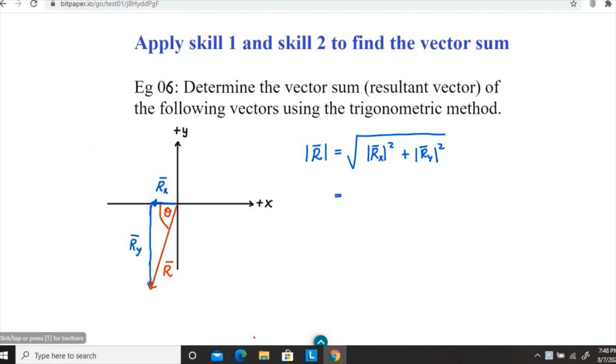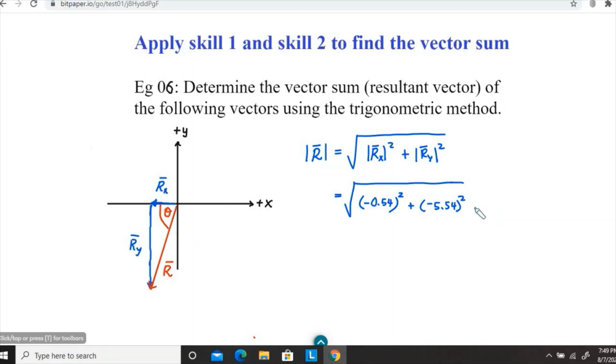If we substitute the values here, Rx is minus 0.54, and I'm going to square that, and the y part is minus 5.54 squared.